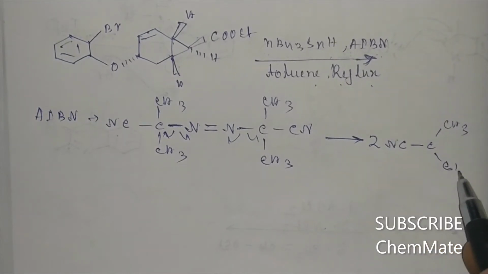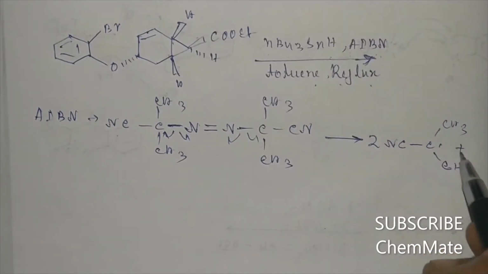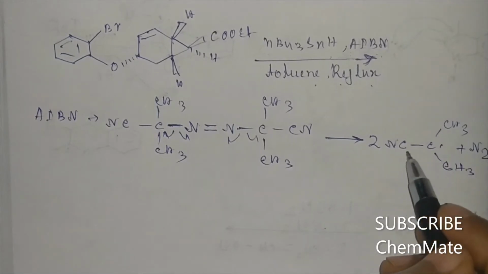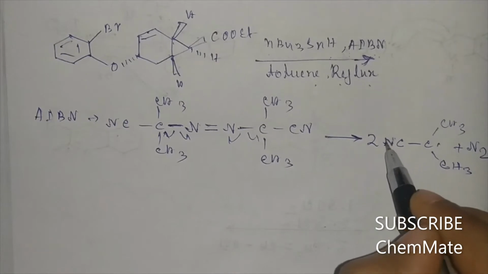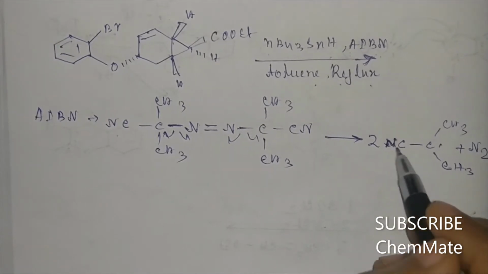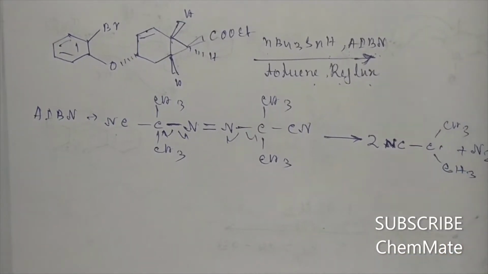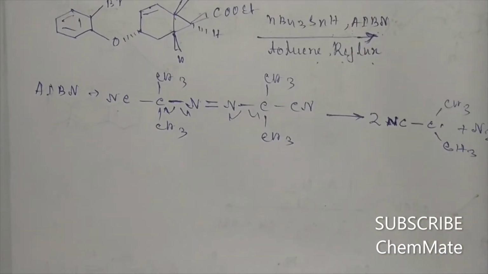This radical will have considerable stability because this CN will come into resonance with this radical, so it will stabilize this radical.